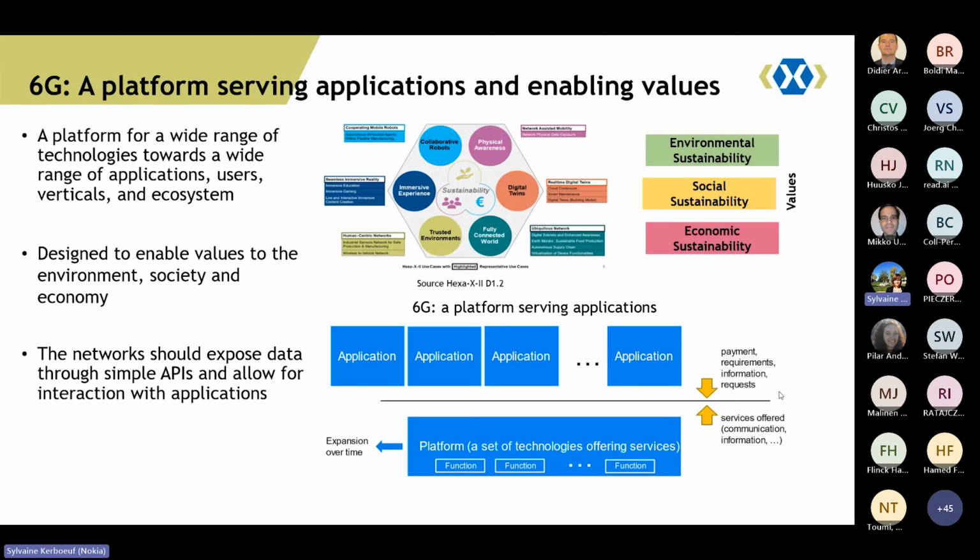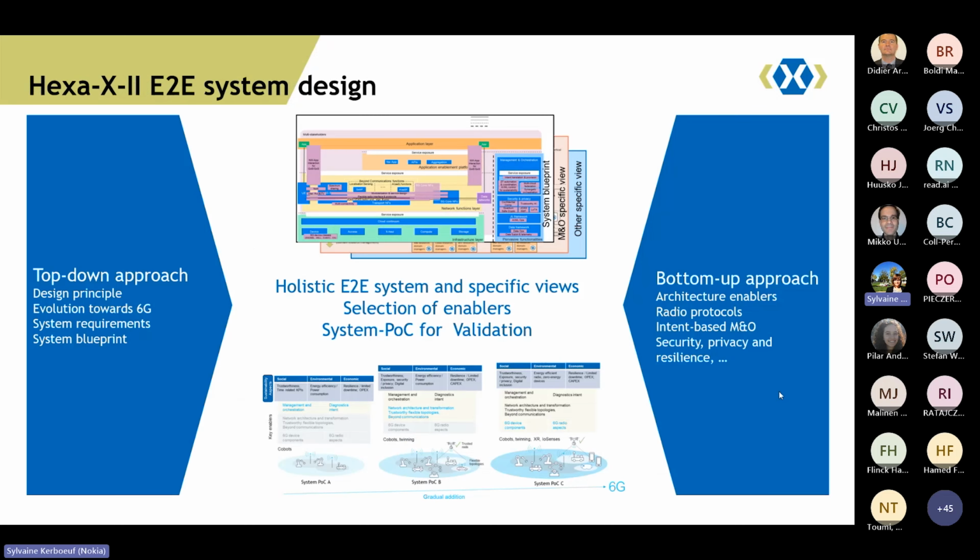In order to design this end-to-end system, Hexa-X-II has been working on a comprehensive methodology that involves a top-down versus a bottom-up approach and a continuous alignment between both approaches. In the top-down approach, we define some design principles, some system requirements, also the migration path to 6G and the system blueprint.